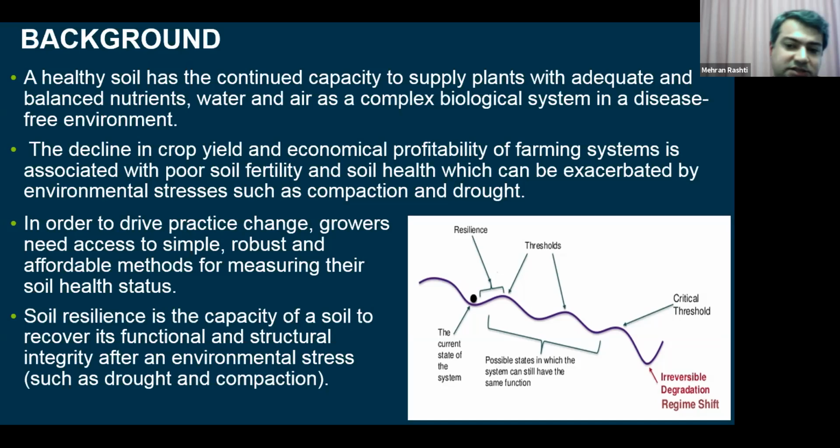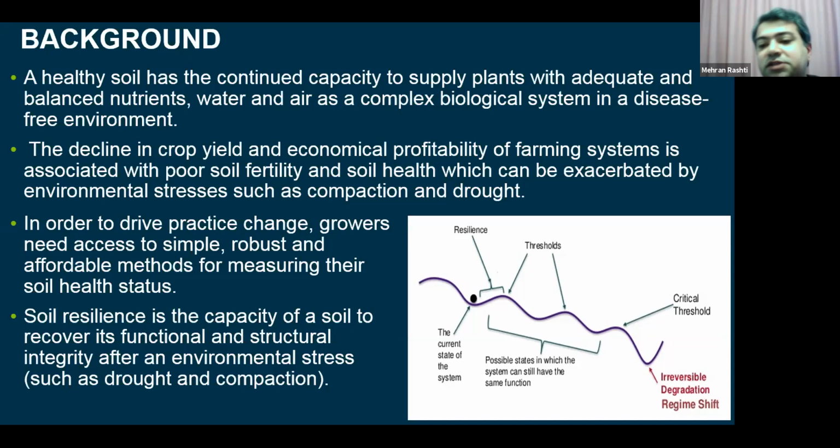The next step through this project is to simplify it into one or two simple assessments or simple tests that are affordable for all farmers and farming groups to be able to assess their soil health. And basically we relate it to the other parameters that we measured before. So we're trying to make a model. That model will be specific for each environmental condition, each soil condition.